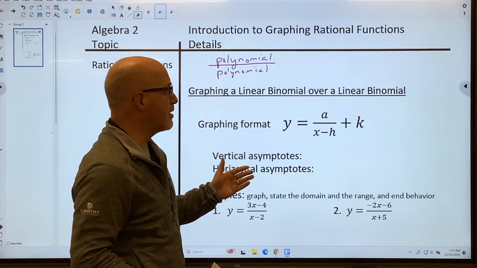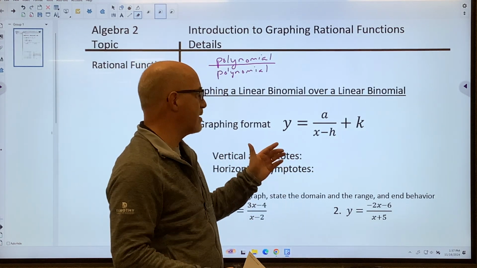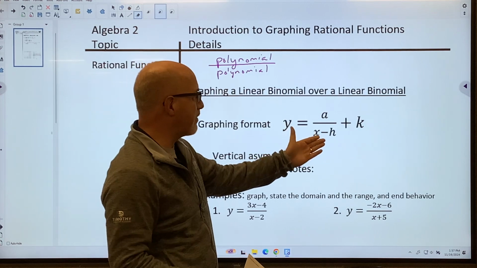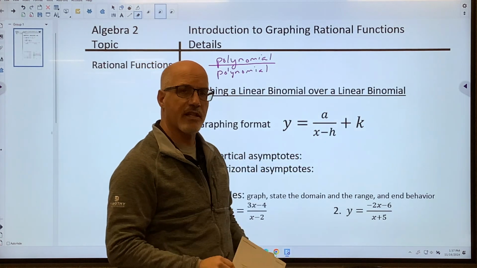The format we're going to look at will help us understand why the graph does what it does. It will be a fraction with a constant of some type and then adding a constant on the outside.